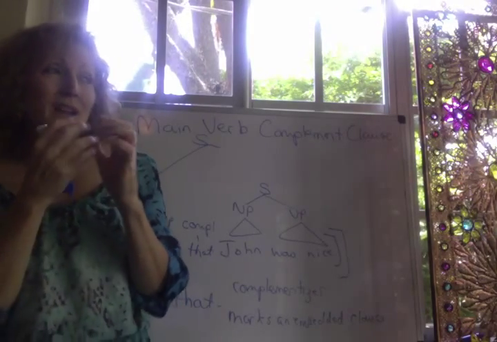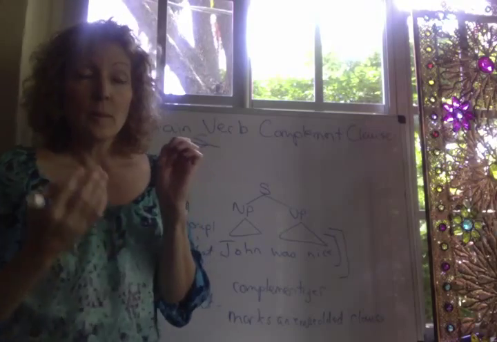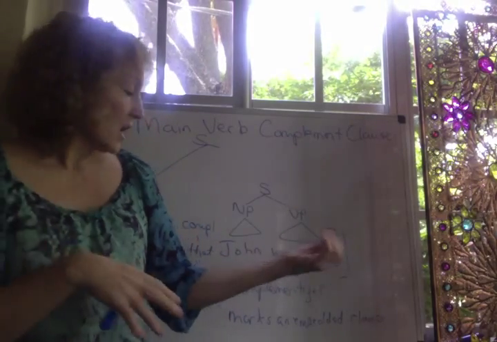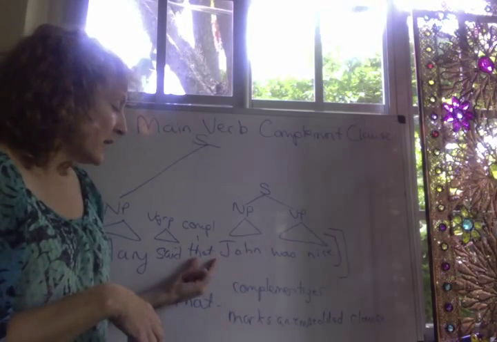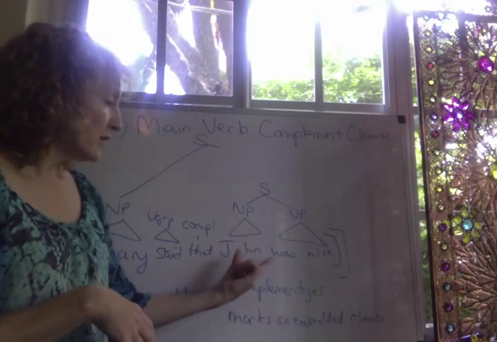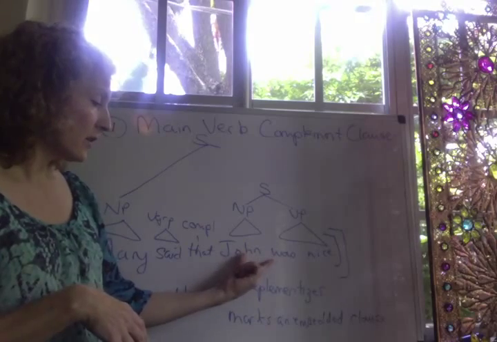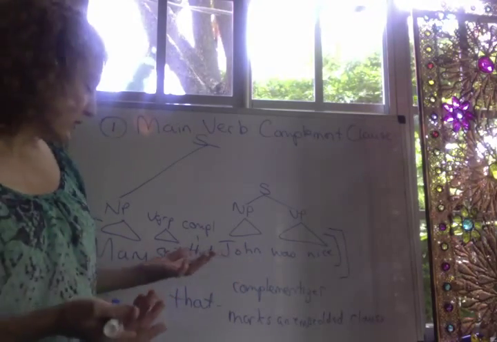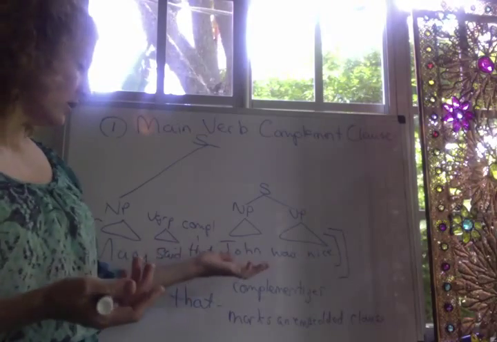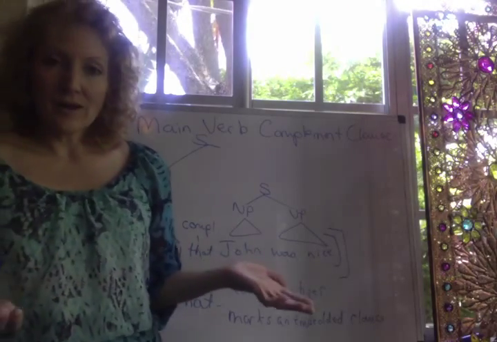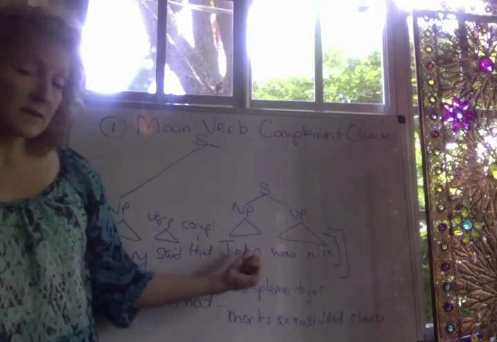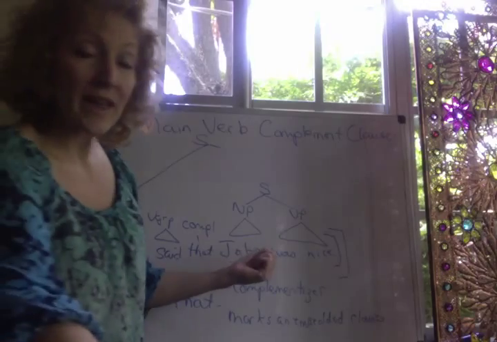So in other words, the complementizer is there because you have an embedded clause following it. That is present here only because John was nice is present here. It's not present here because the verb said is here, because you could have had the sentence, Mary said hello, and that would have been a fine sentence. So the complementizer doesn't depend on the verb, it depends on the embedded clause that occurs after.